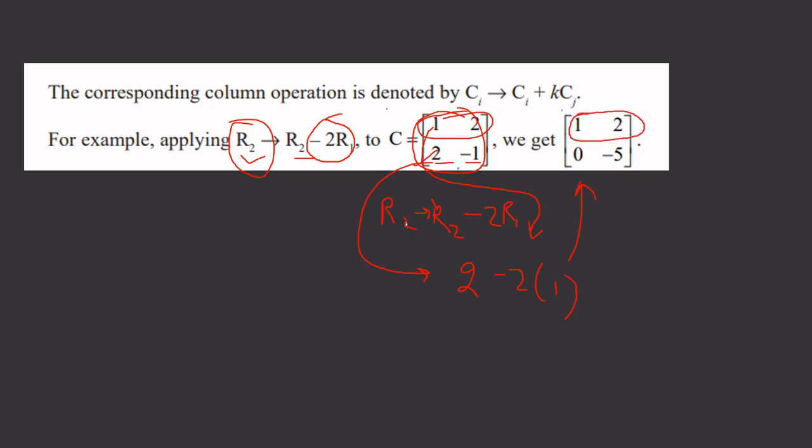Only the second row elements change. Now for the next element, minus 1, row 2 is changed by minus 2 R1, and this gives your answer minus 5.